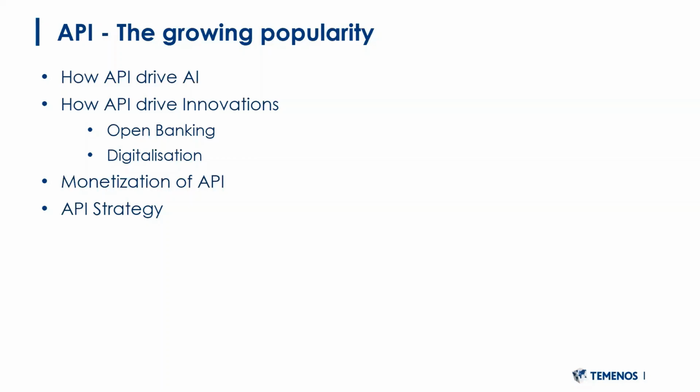Indirect monetization is when you generate revenue out of your own business by promoting yourself through APIs. We spoke about those business models earlier. Open banking is a good example. Even though banks are giving away the data to third parties, they're actually indirectly benefiting because customers are happy and contented.